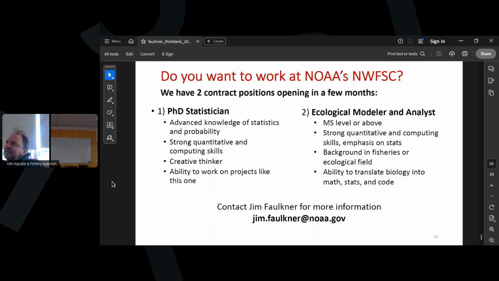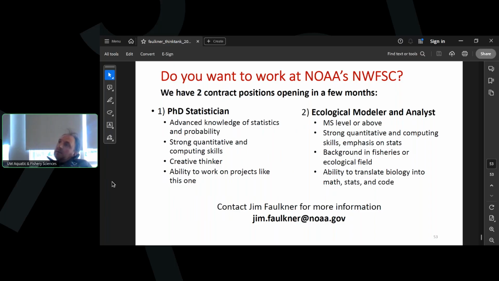Anyway, thank you. So yeah, we have two contract positions opening. One is a PhD statistician, going to help get some of the things that we need to get out the door, stuff similar to what we're working on here. And then an ecological modeler, working mostly on hydropower system related stuff.